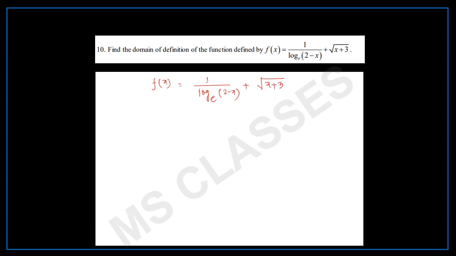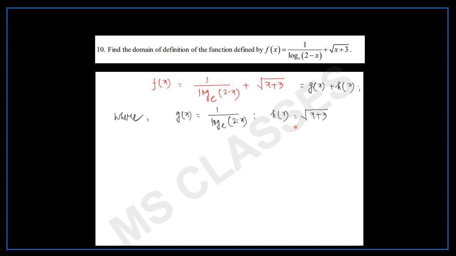So you can think of this as g(x) plus h(x), where g(x) is 1 by log base e of (2 minus x) and h(x) is root over of x plus 3. So you can say it is g(x) plus h(x), where g(x) is this one, h(x) is this one.